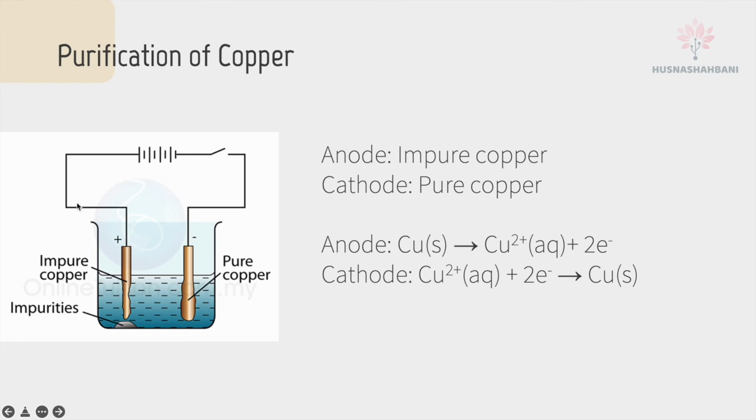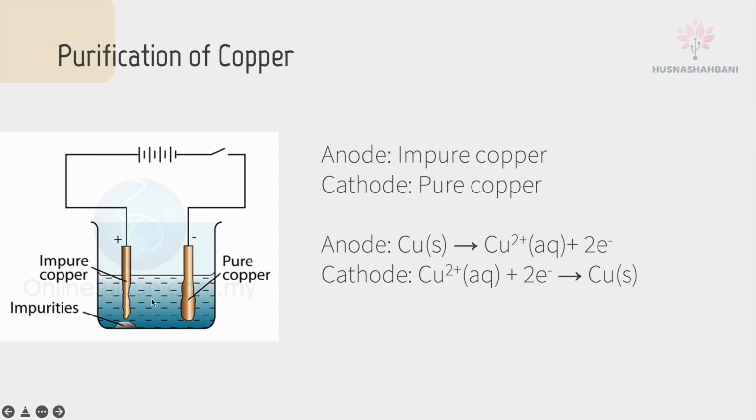And then the electrons are transferred and gained at the cathode. What happens to the electrons received at the cathode? Previously, you have the Cu2+ product from the oxidation.